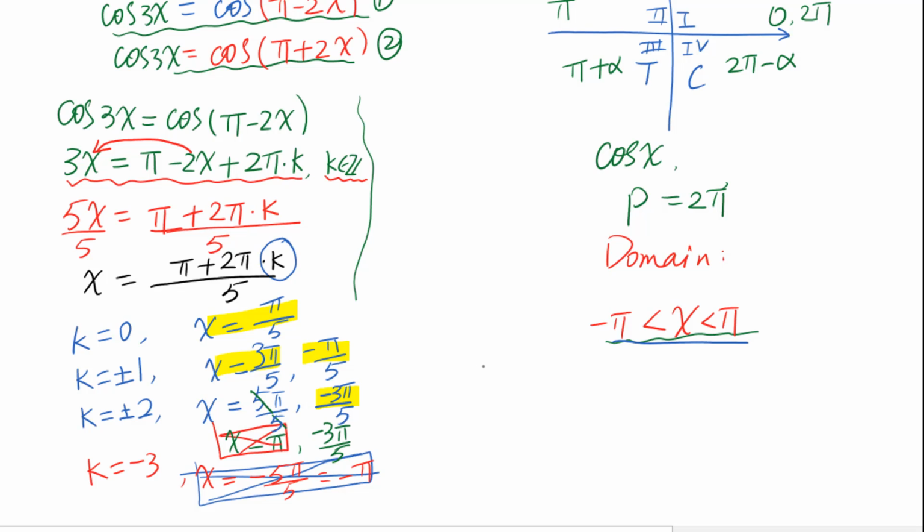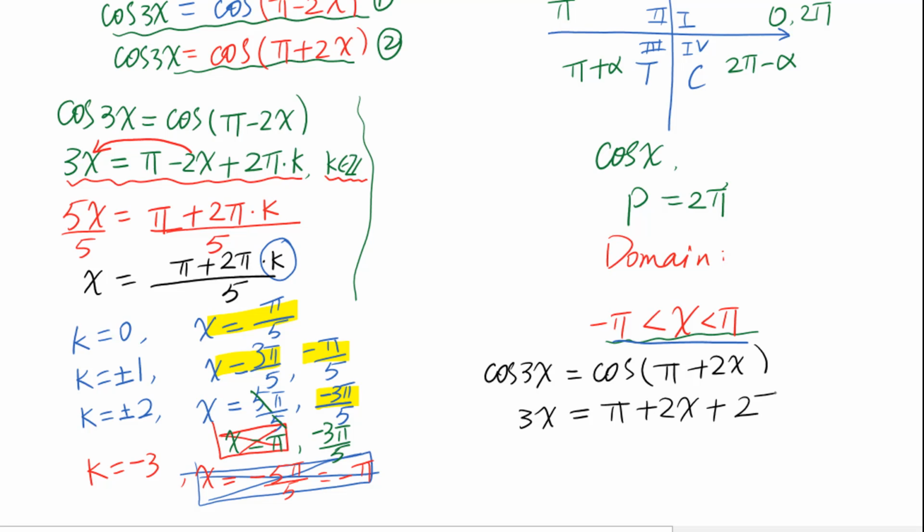Let's solve the second equation. We have cosine 3x equals cosine pi plus 2x. We will set up 3x equals pi plus 2x plus 2 pi times k.